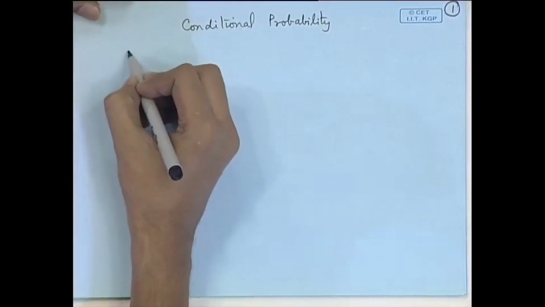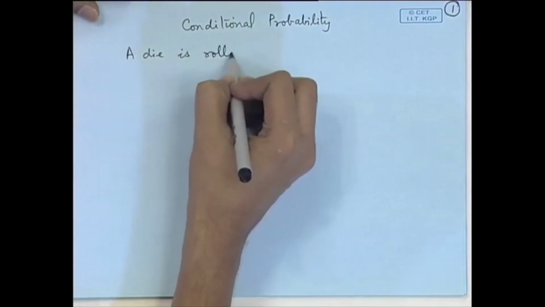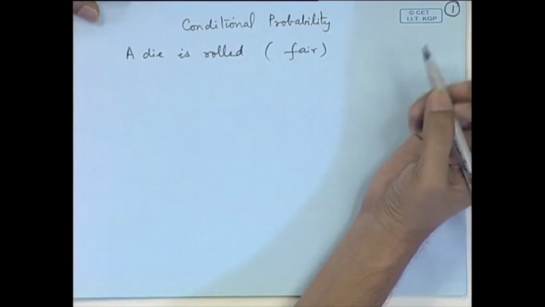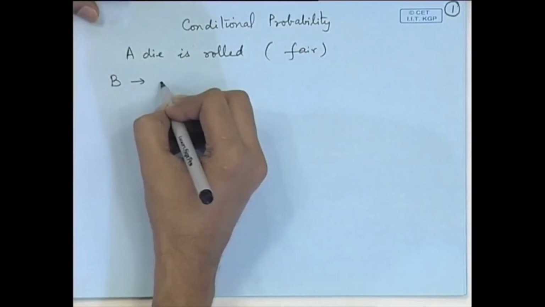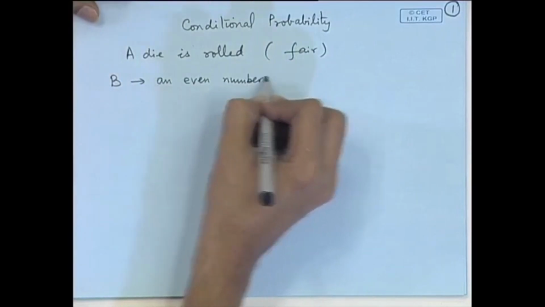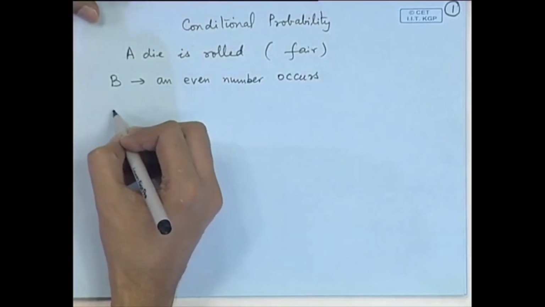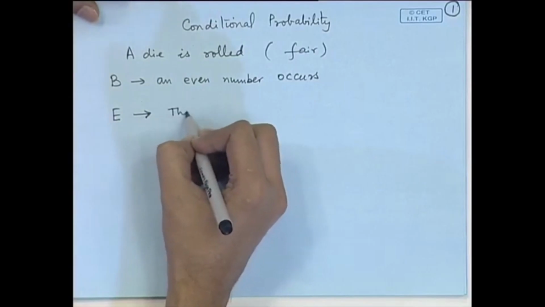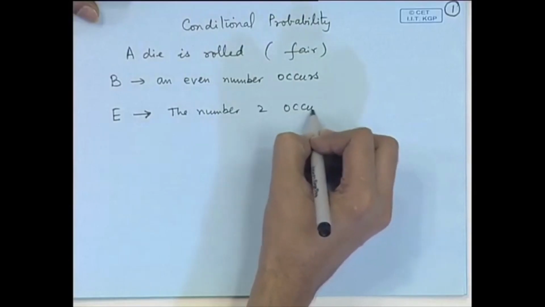Suppose a die is rolled, and suppose it is a fair die. Let B be the event that an even number occurs, and let E be the event that the number 2 occurs.